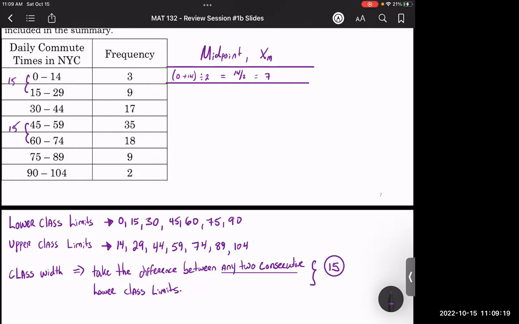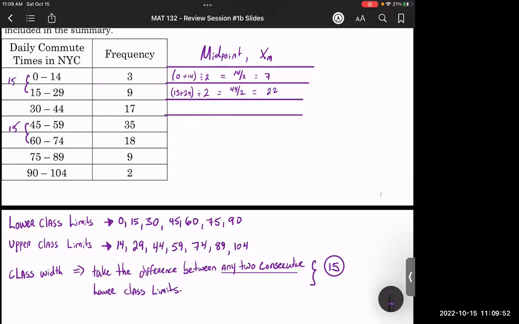Okay, so we got the first class midpoint. Let's get the second one: 15 plus 29 divided by 2. 15 plus 29 is 44, and 44 divided by 2 is 22.